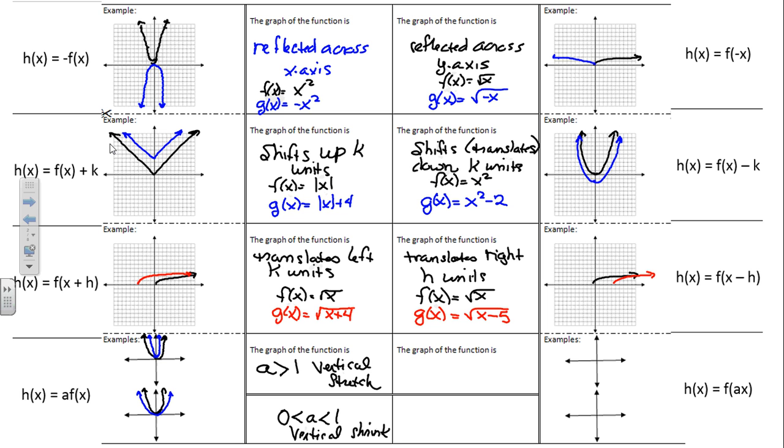So when b, in this case, we were using b, I believe. Actually, it's a here, so we'll keep using a for the graph. When a is with that x within the function, and a is bigger than 1, it's a horizontal shrink. And when a is between 0 and 1, it is a horizontal stretch.